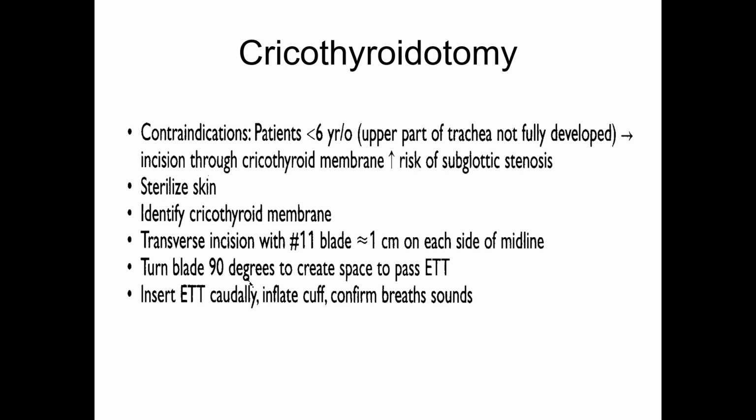Then, with the back of the scalpel, we rotate inside the wound so we make it bigger so that we can introduce our endotracheal tube. Insert the endotracheal tube and inflate the cuff. Confirm breathing sounds by stethoscope or chest rising when we are using an ambu bag.